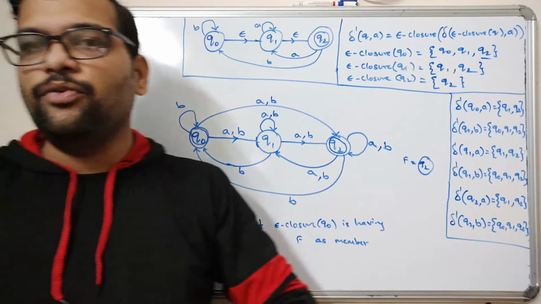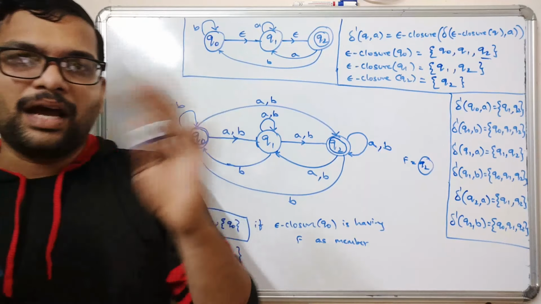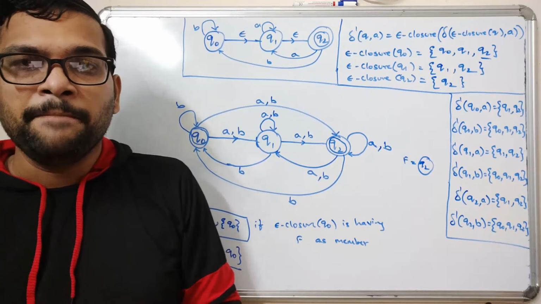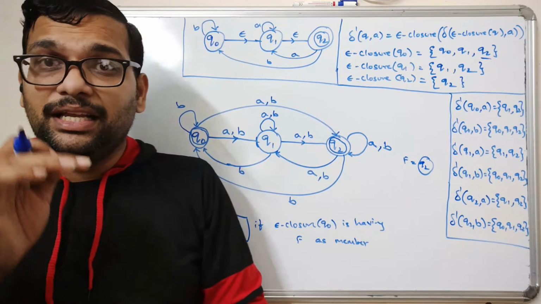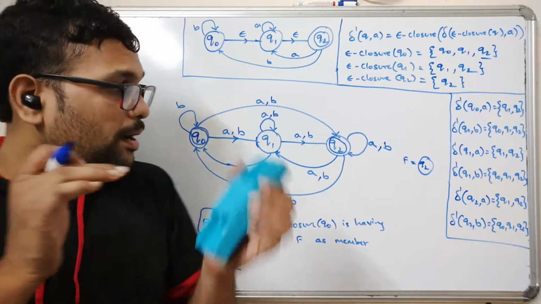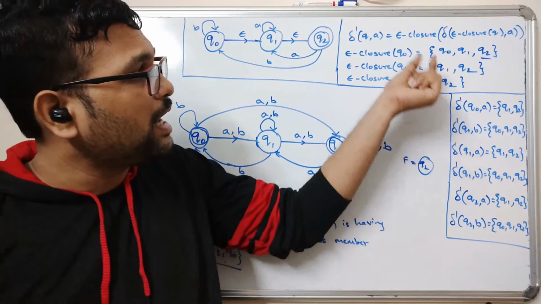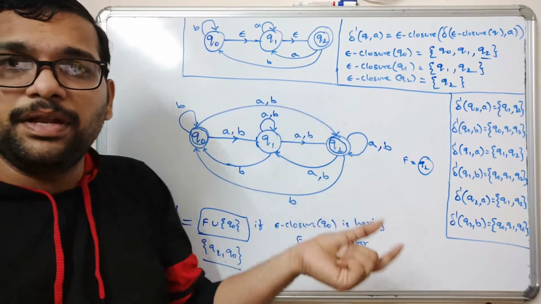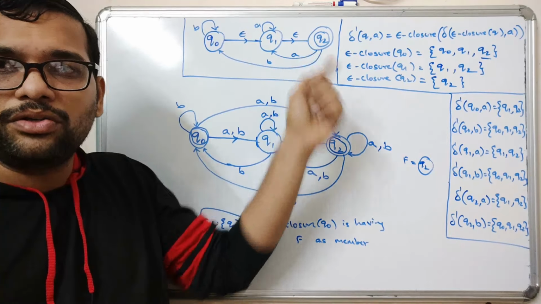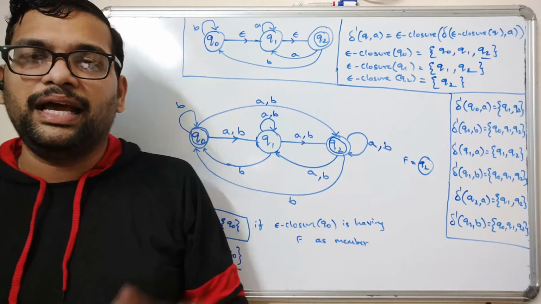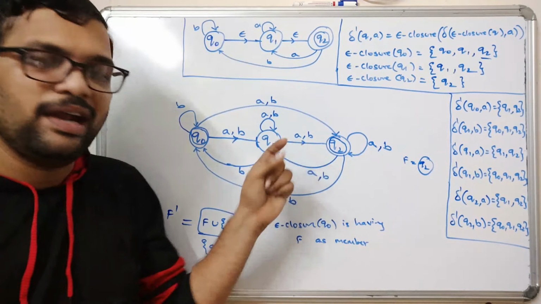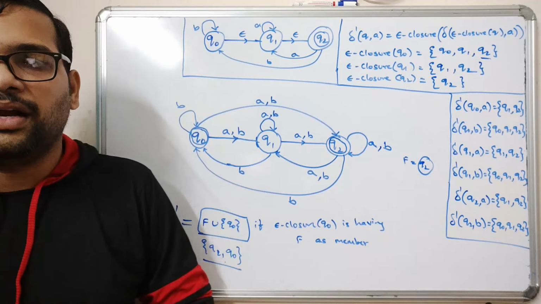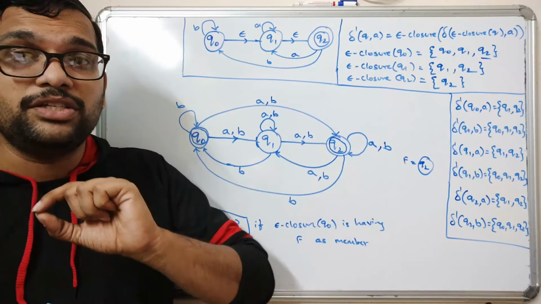So once again I am repeating why we have to convert this NFA with epsilon to NFA without epsilon: the implementation is not feasible for an NFA with epsilon. So we have to convert the NFA with epsilon to NFA, and convert this NFA to DFA before implementation.